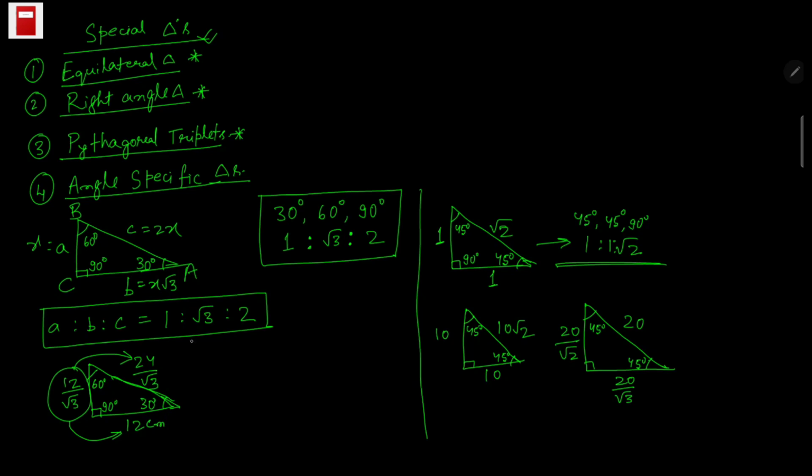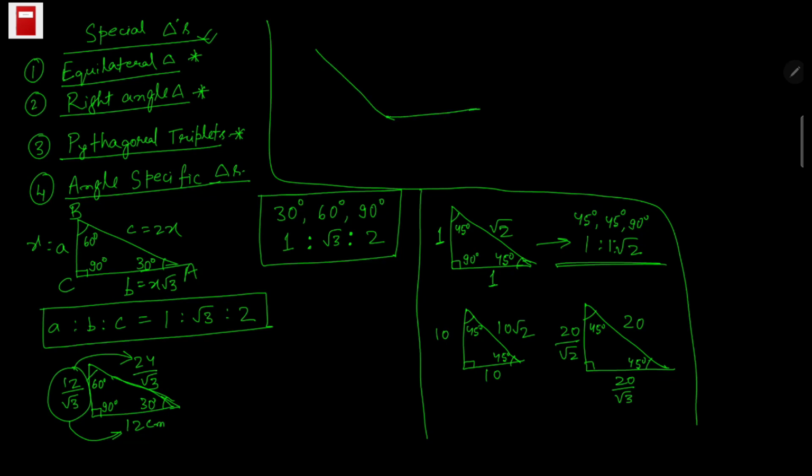Okay. And there is one more specific triangle. I'll use this space, okay, and that is a very interesting situation. It's an isosceles triangle. It is not a right angle triangle or equilateral. It is a specific situation in which two angles are 30 degree and 30 degree, okay, and one angle is 120 degree.